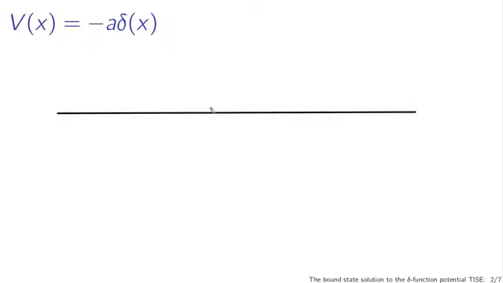V of x, and V of x under these circumstances looks something like this. It's 0 everywhere except at a specific point. So we're looking now at V of x as a function of x. It's 0 everywhere except at the origin here, x equals 0. And there it goes to negative infinity.